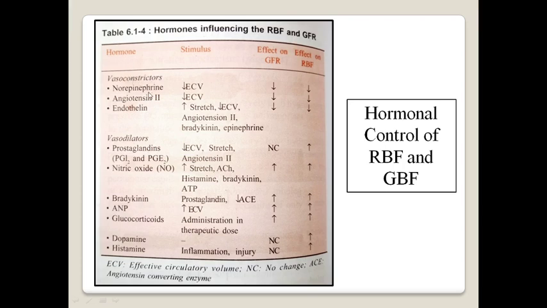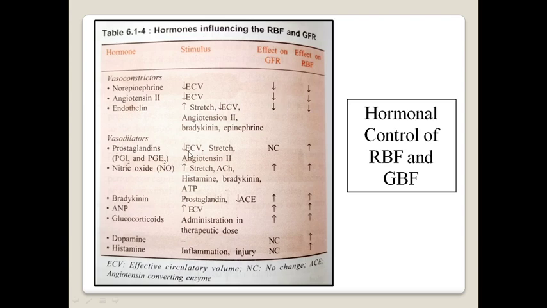If there is a change in effective circulatory volume, or hypervolemia, then vasoconstrictors are released like norepinephrine, angiotensin II, endothelin. These vasoconstrictors constrict the afferent arteriole to decrease the renal blood flow and decrease the GFR.